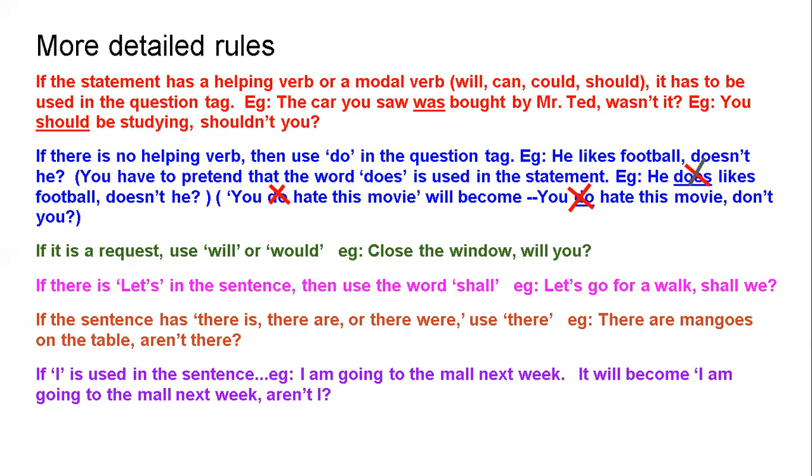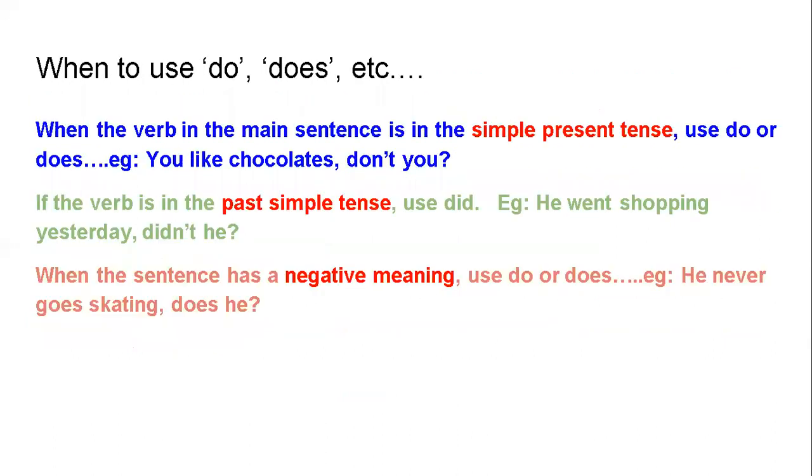You cannot say am I. There's no such word, so you have to say aren't I. I hope the rules have been clear to you. So you have the simpler rules, which we went through a little while back, which you have to remember. And then these are the more detailed rules, which you also have to remember if you want to get every single sentence right. When to use do, does, etc.